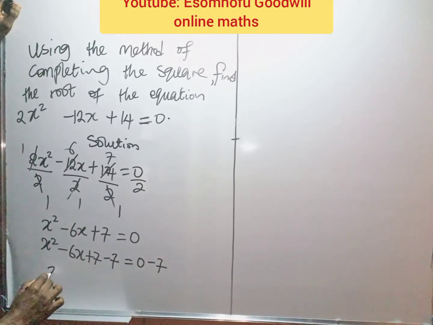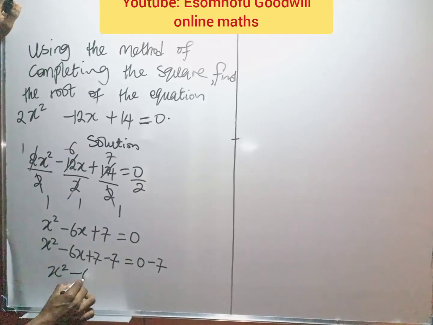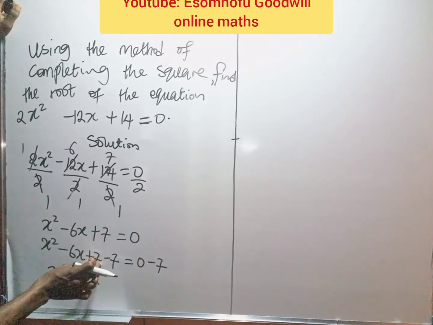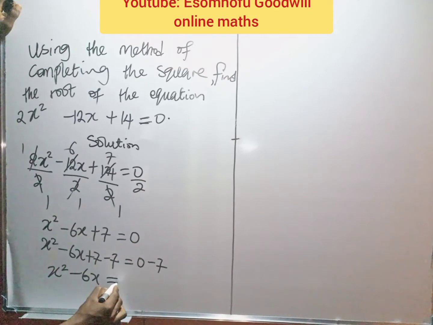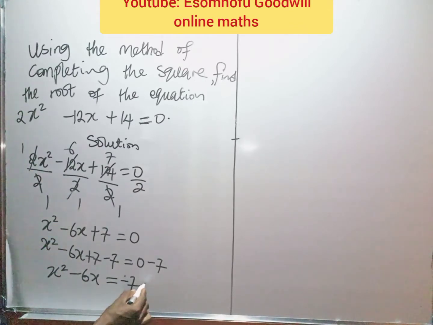Then 7 minus 7 is 0, so at this point we have x squared minus 6x is equal to minus 7.